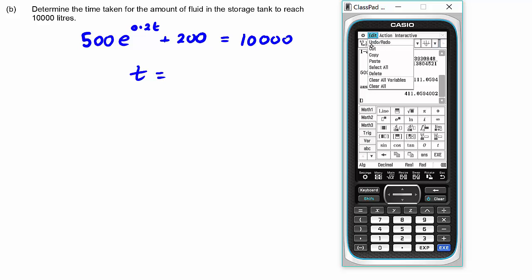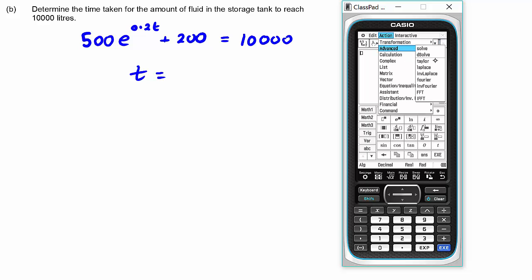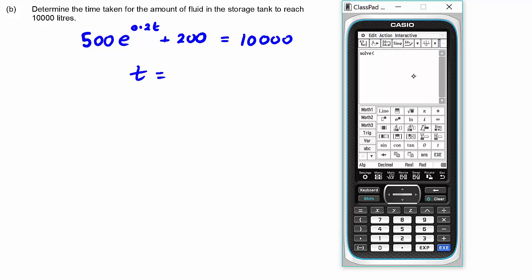So I'm going to clear a bit of space. So action, advanced, solve, and then I'm going to put 500e^(0.2x) plus 200.